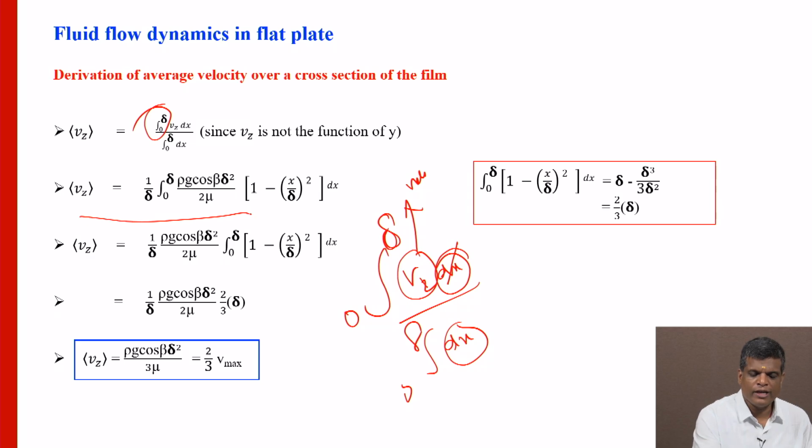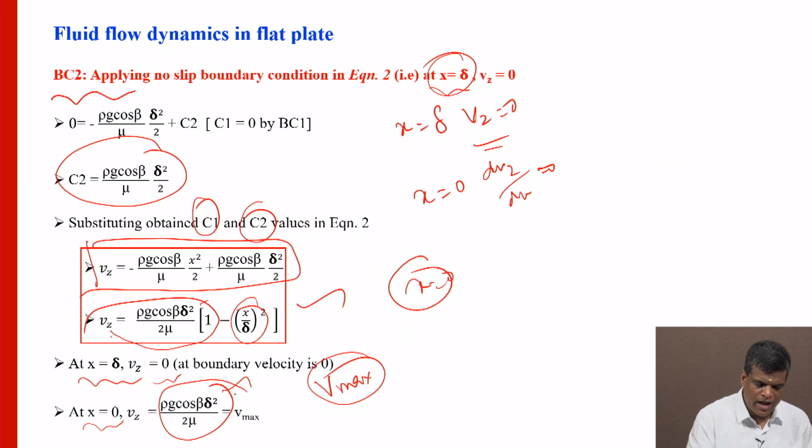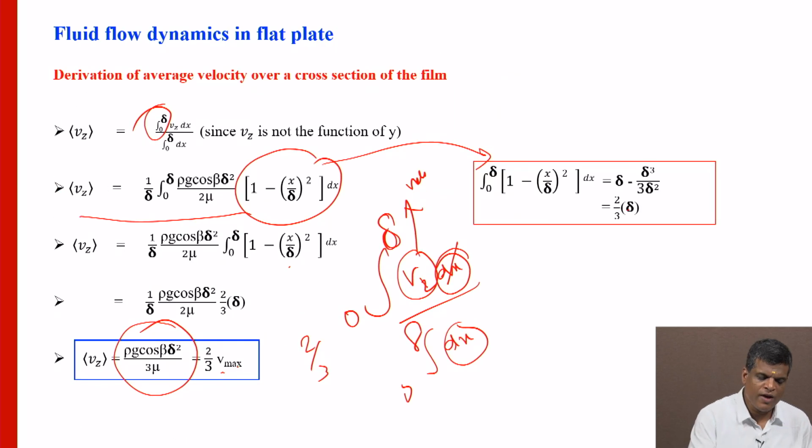V z we already know, so take that equation and integrate it. We got 2 by 3 delta here, then the average V z equals rho g cos beta delta square by 3 mu. So it is 2 by 3rd of V max, because we already know V max. So, 2 by 3rd of V max equals the average velocity.